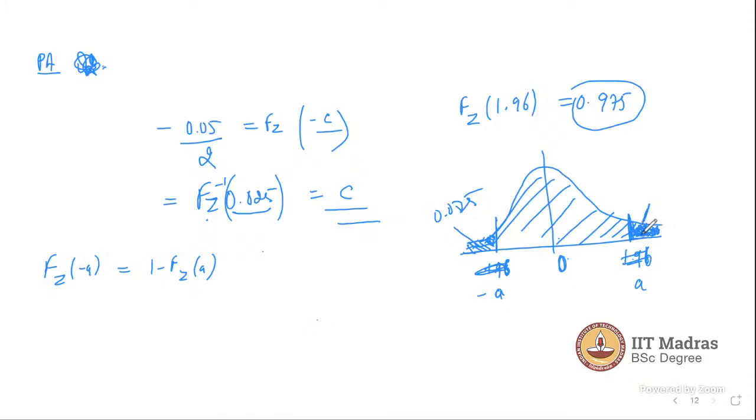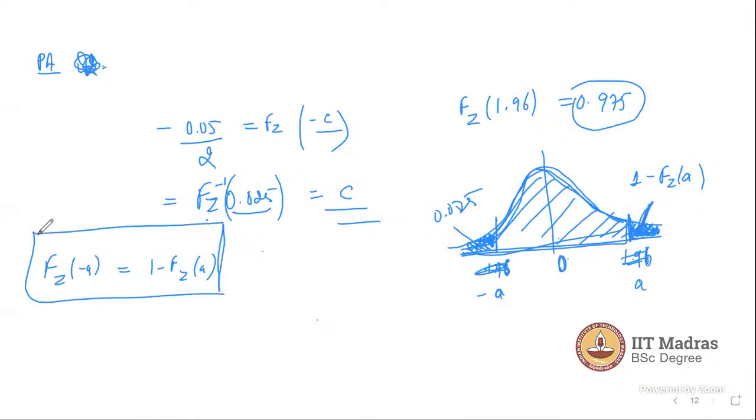And you can find this area using 1 minus F(a), because F(a) gives you this whole area. If you do 1 minus the total minus this area, you get this tail area, which is the same as this tail area. So you can also remember this part to avoid confusion.